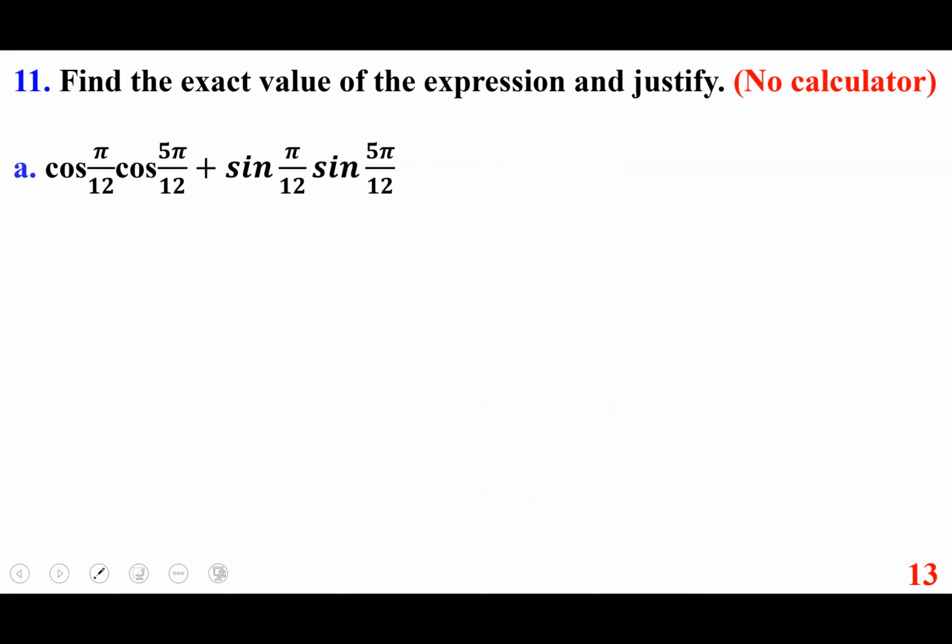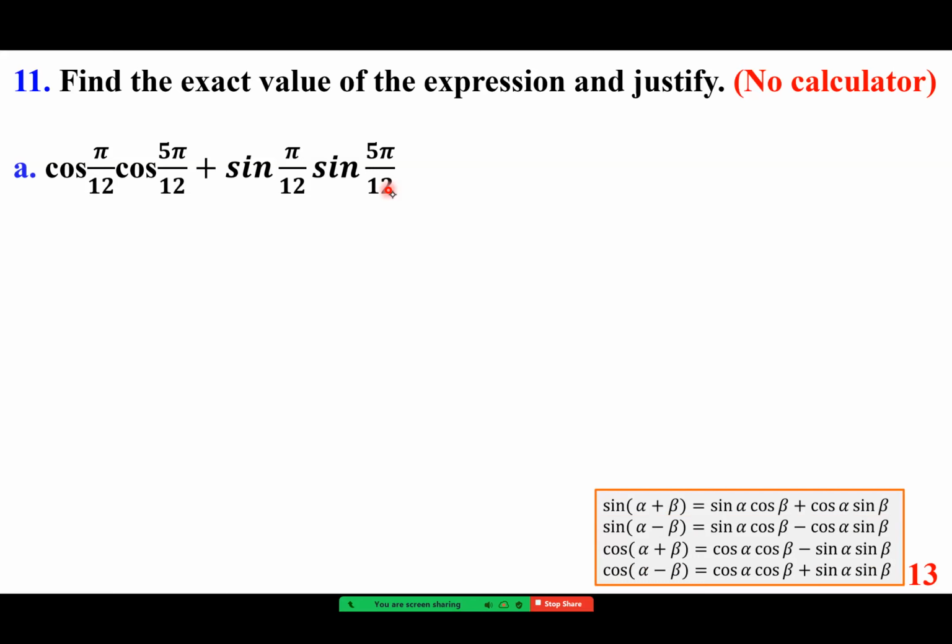Cosine of pi over 12, cosine of 5 pi over 12, plus sine of pi over 12, sine of 5 pi over 12. And again, if you go with those formulas, you should recognize this is cosine of alpha minus beta.